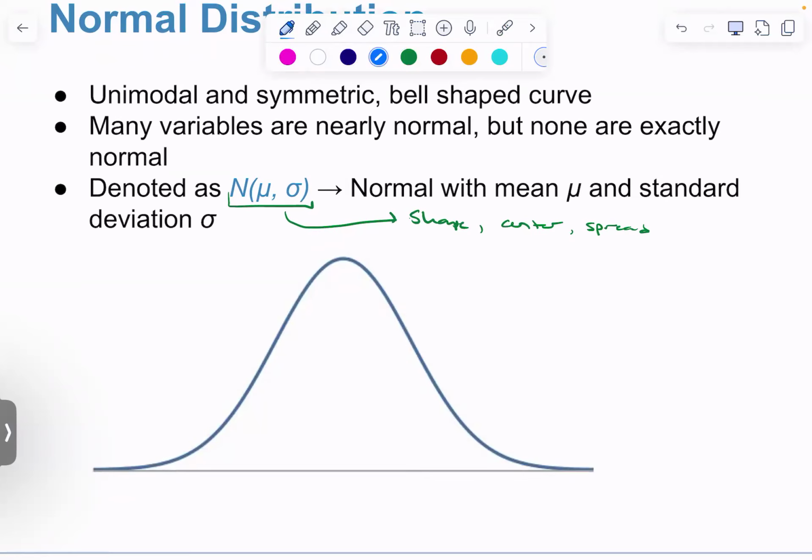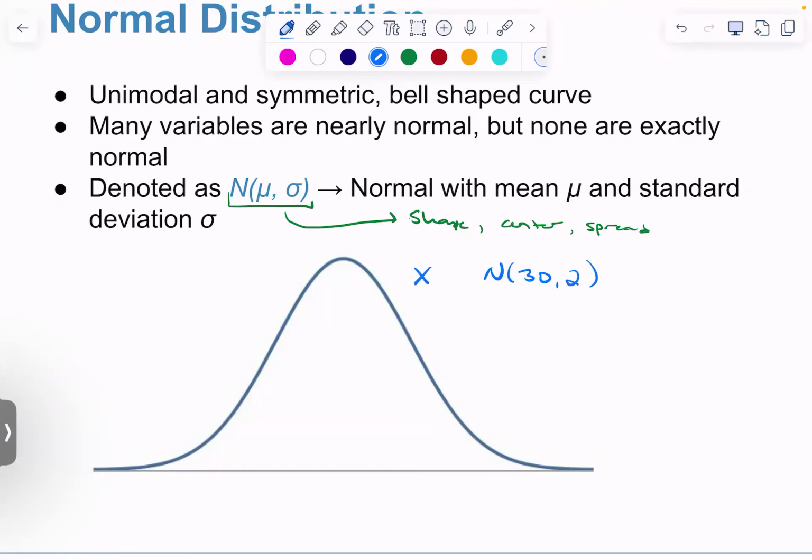So for example, if we are told that something follows a normal distribution, N(30, 2), what this really means is, and you know what, I'm going to introduce it here.